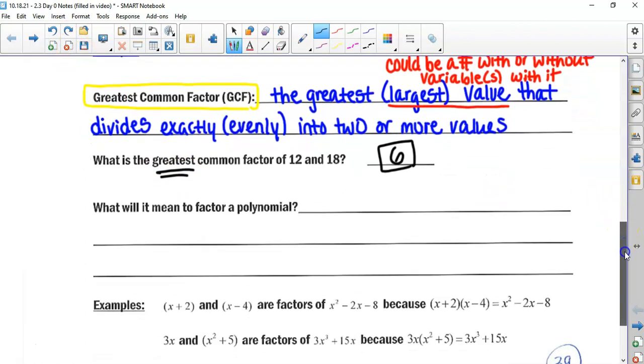Let's now answer this question. What will it mean to factor a polynomial? And we're going to want to highlight this question, because when we see this direction in our practice or in a homework or on a quiz, we really want to understand what we're being asked.